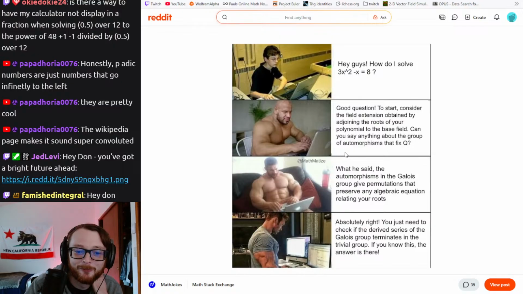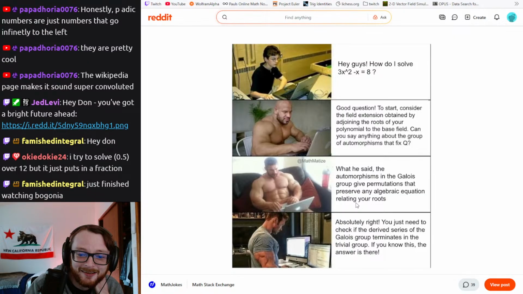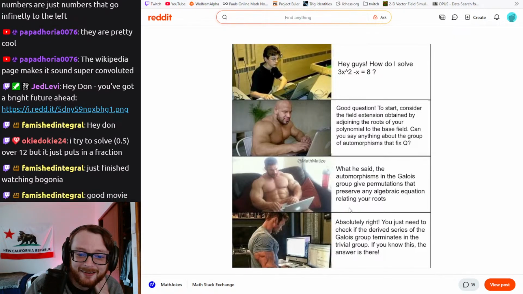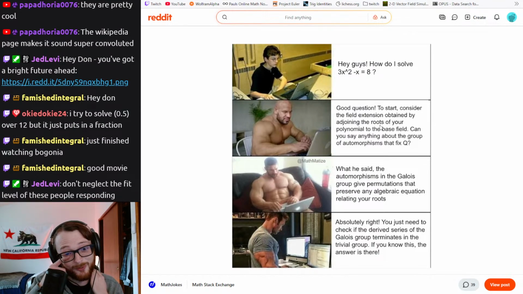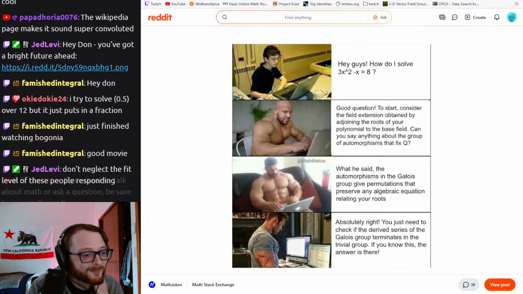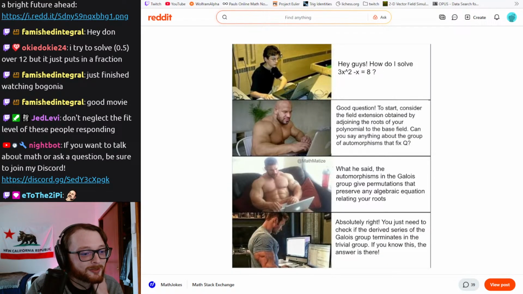Say about the group of automorphisms that fix Q. Oh my god. This is real. This happens way too often on certain math Discord servers or forums.